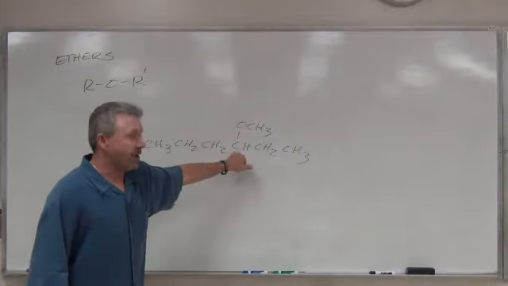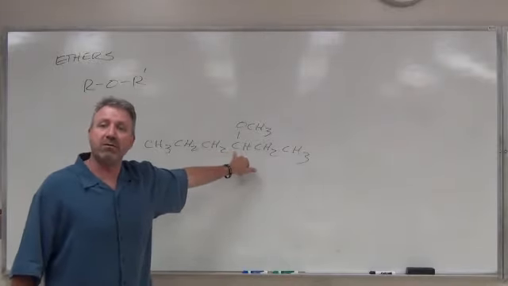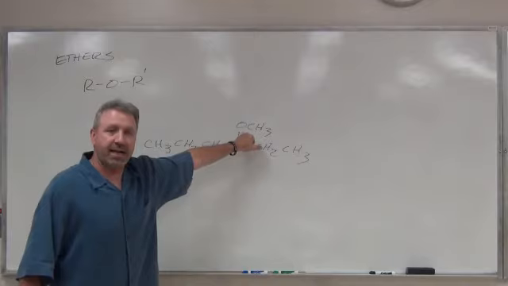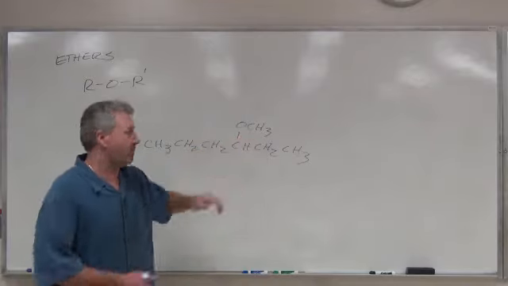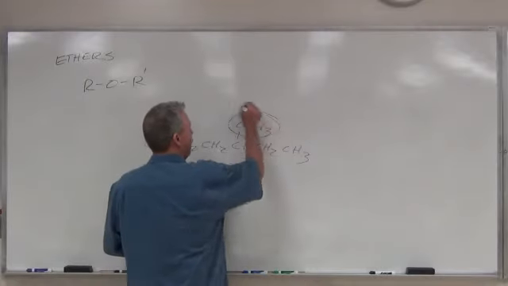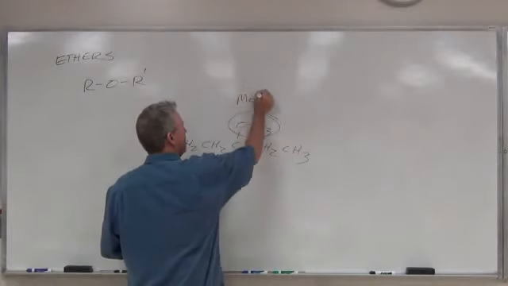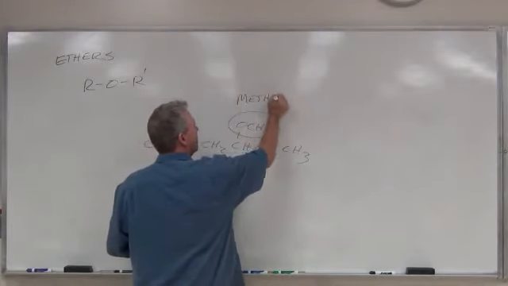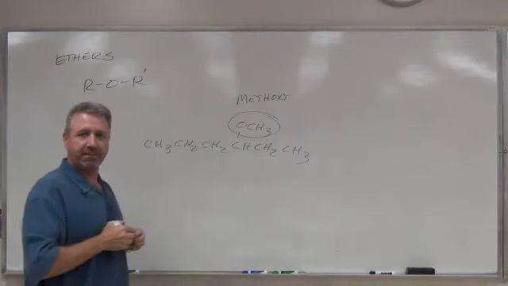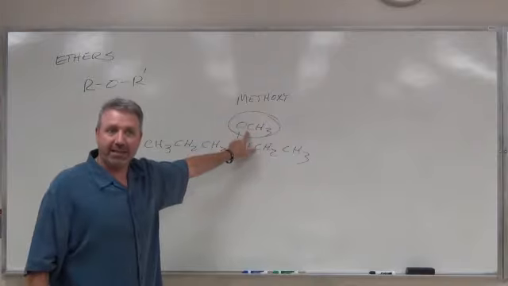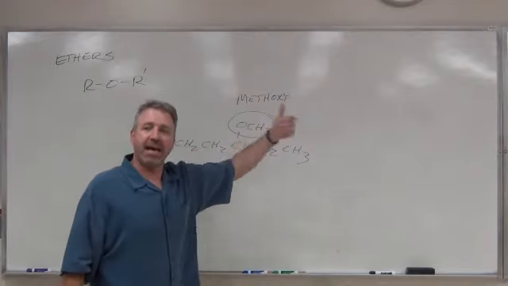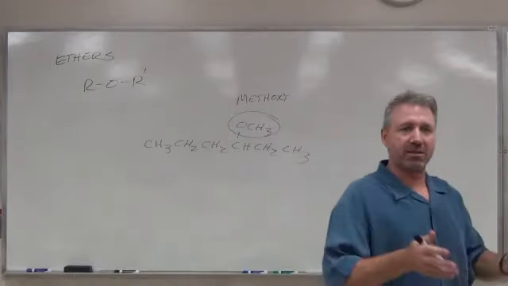When you see this stuff, you treat this as a substituted group called an alkoxy group. So this would be what we call methoxy. It's nothing more than an alkyl group with an oxy on it. So methoxy, ethoxy, that's usually as high as it's going to go.